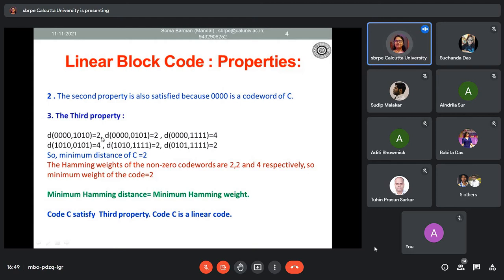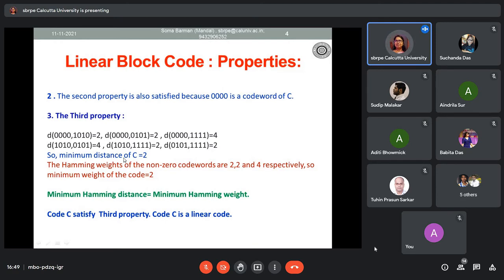Now you have to calculate the minimum weight of the code. In the code C, there are 4 code words: 0000, 1010, 0101 and 1111. Out of these 4 code words, what is the minimum weight?